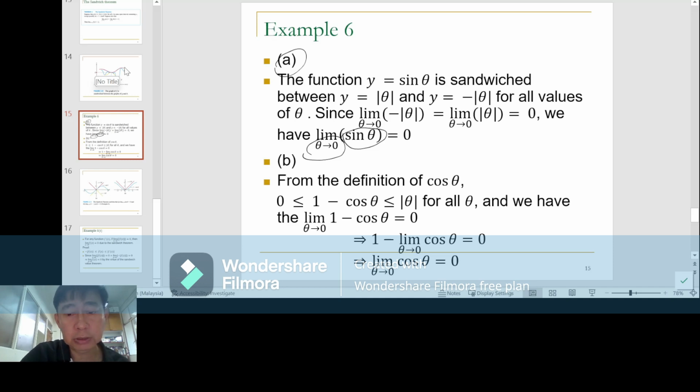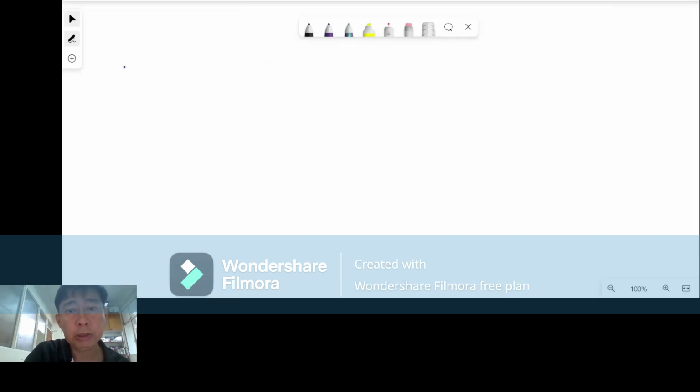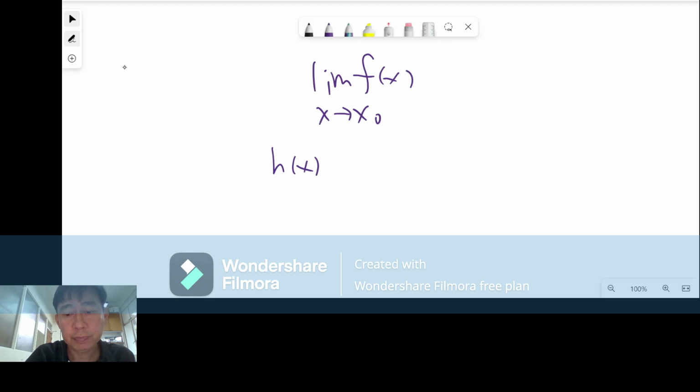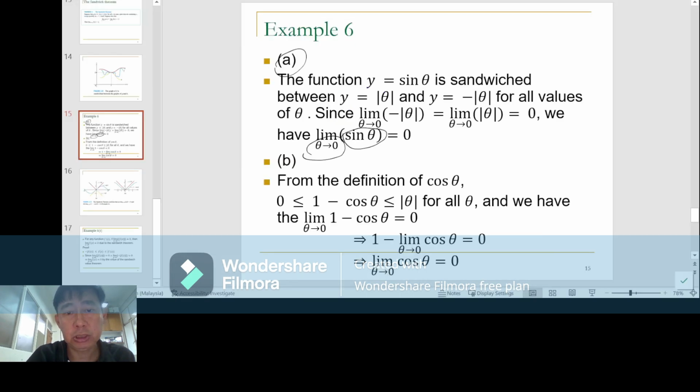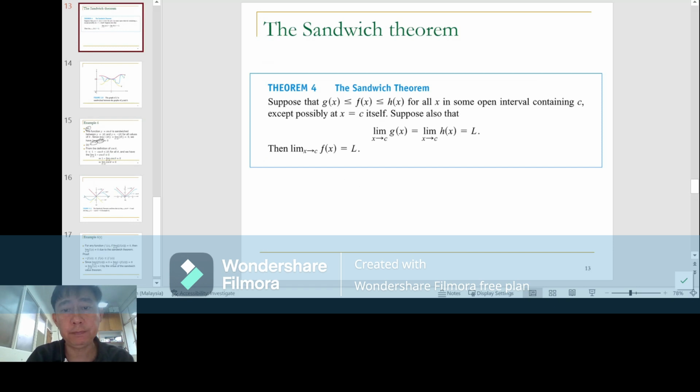So as I mentioned in the sandwich theorem, in order to prove the limit of a given function using the sandwich theorem at some specific value x naught, you need two conditions. The first condition is that you have to find two functions h and g that sandwich the function f.